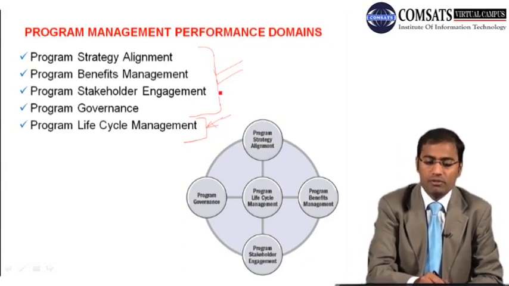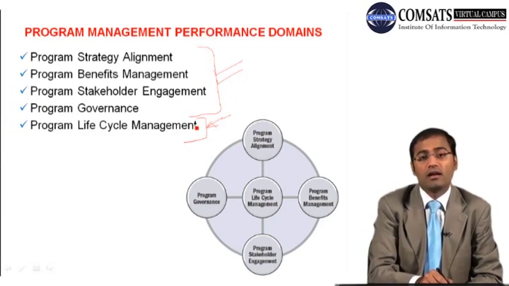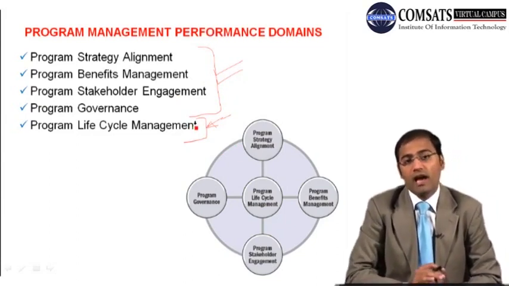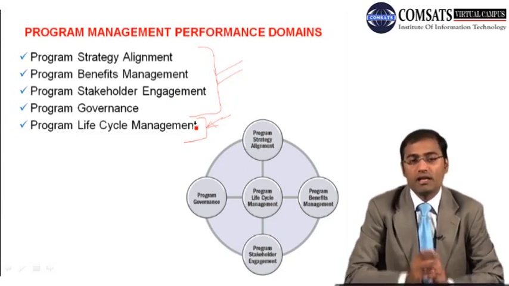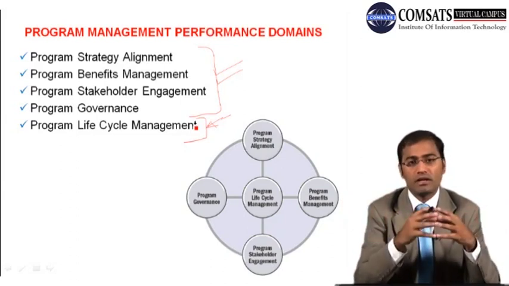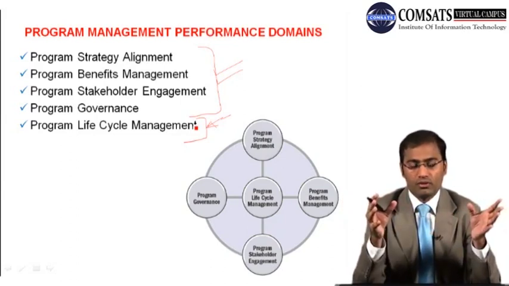So our focus will be to apprehend the basic concepts, and then we are going to talk on that in good detail. So how do these domains interact with each other? If a program manager is doing very good strategic alignment, he is actually doing a very good thing.